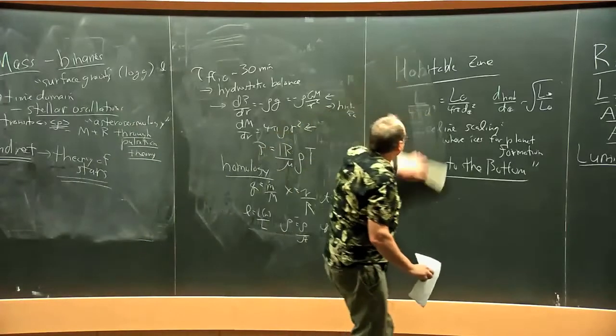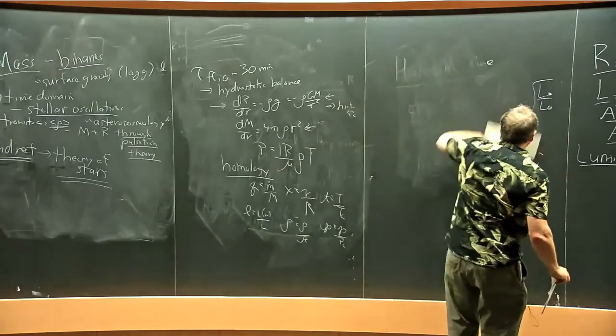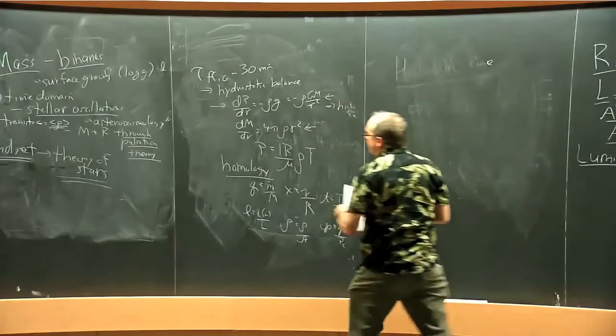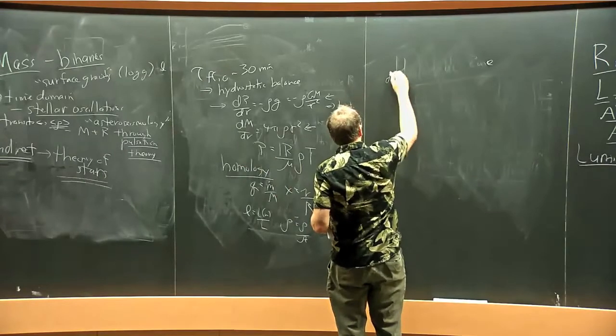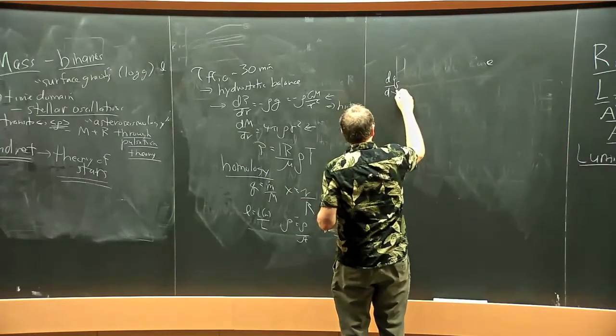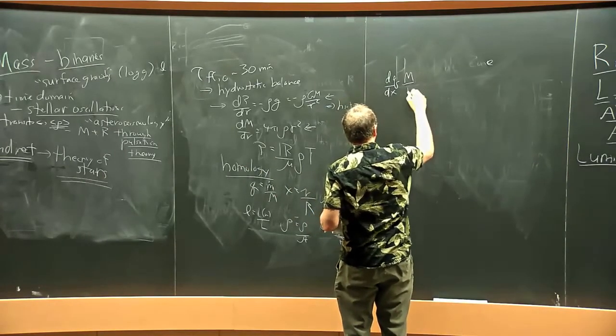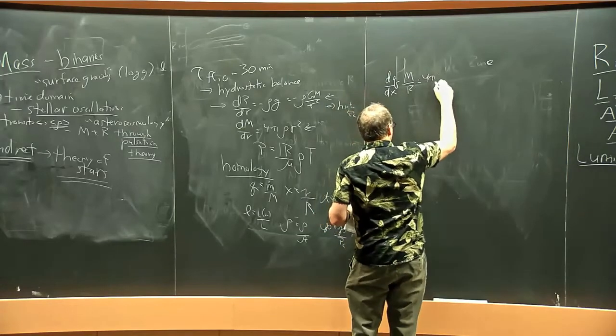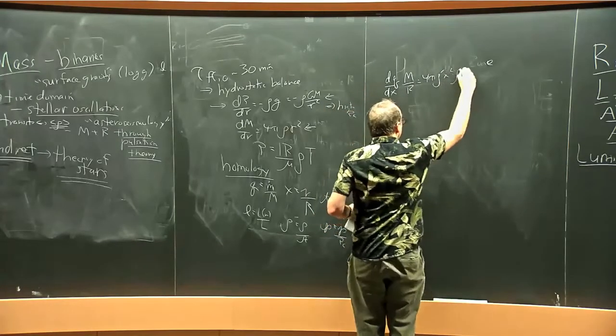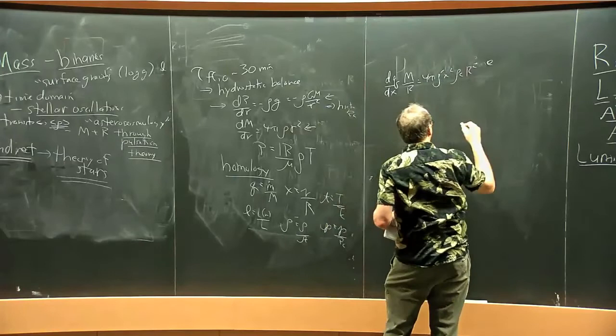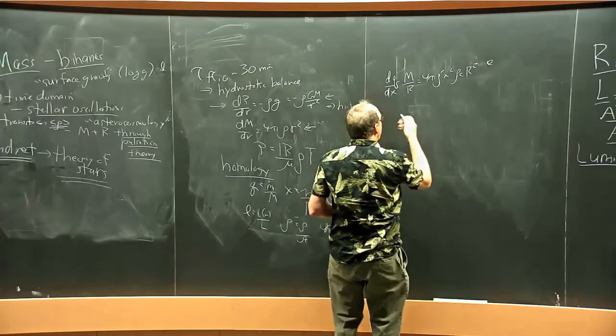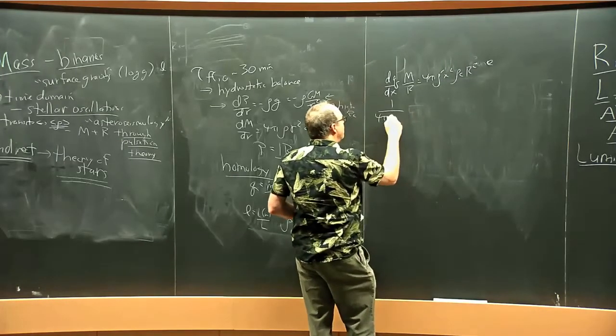If I make this transformation to dimensionless equations, my mass conservation, for example, takes an extremely simple form. This would be dq/dx times M over R equals 4 pi rho prime x squared rho_c R squared. And I can then rearrange this. I'll only do this for one of them in the interest of time.